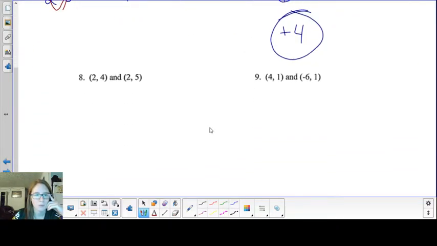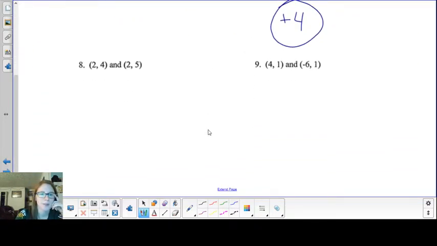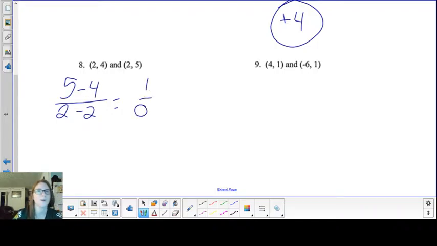Number 10. I have 5 minus 4 over 2 minus 2. 5 minus 4 is 1 and 2 minus 2 is 0. Now here we come into something where you think, what is this? I can't remember what happens. So I'm going to give you a little refresher.